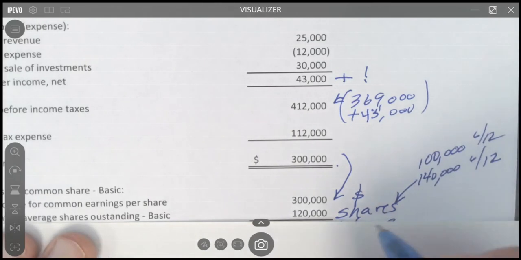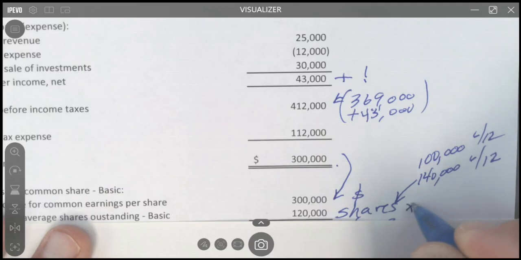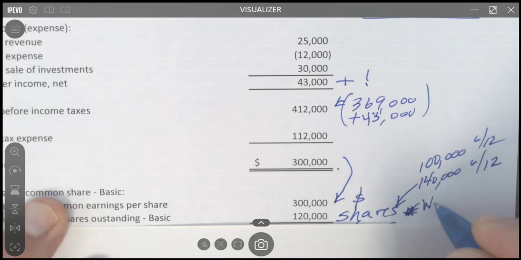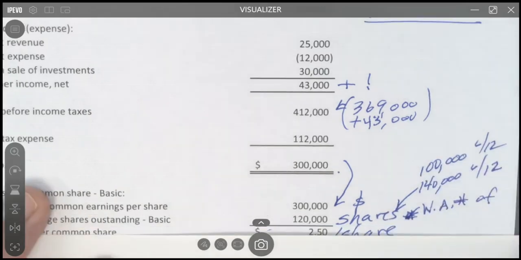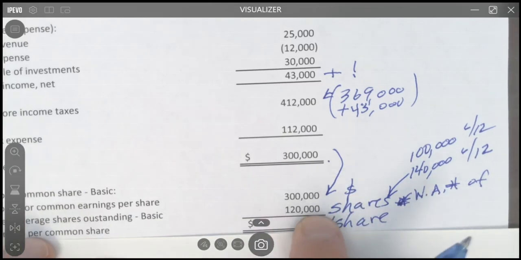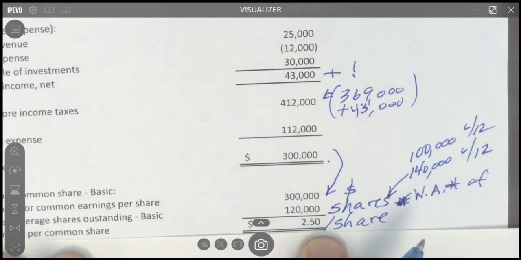And 50,000 plus 70,000 gives us a weighted average shares of 120,000. So let's call this, remember, weighted average number of shares. And so the $300,000 divided by the 120,000 weighted average number of shares means that basic earnings per share is $2.50 per share.